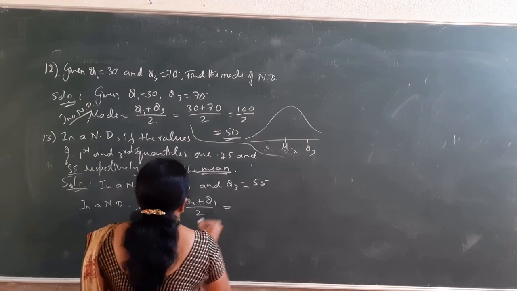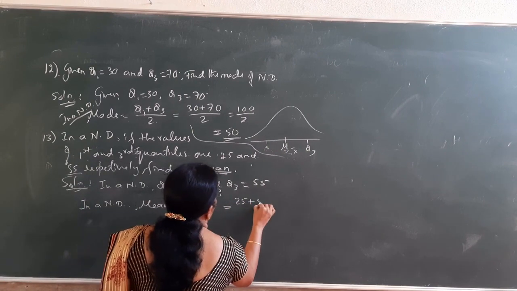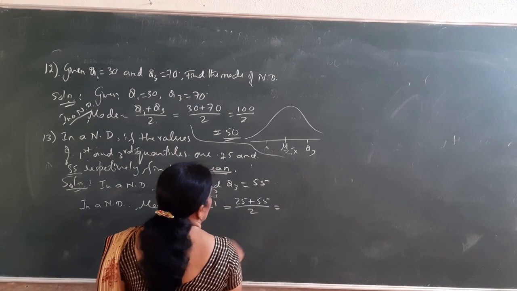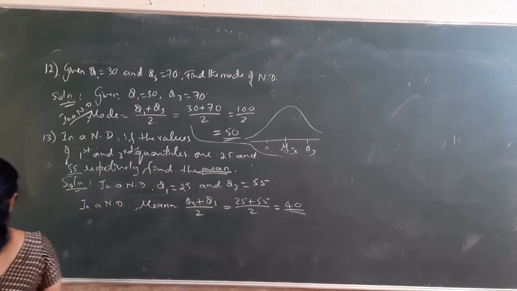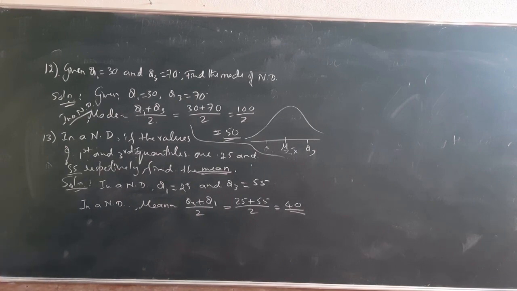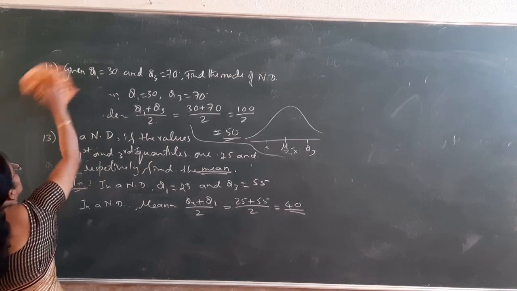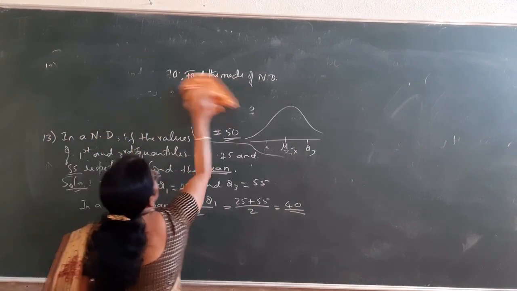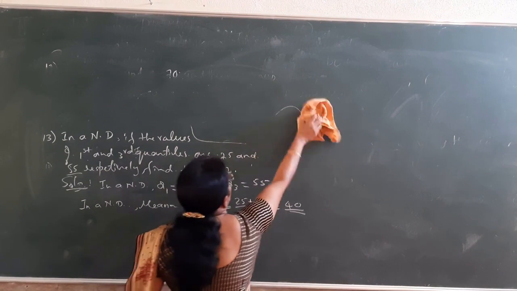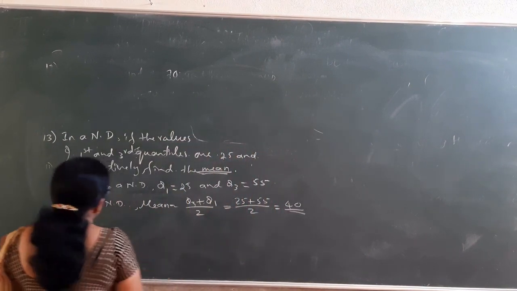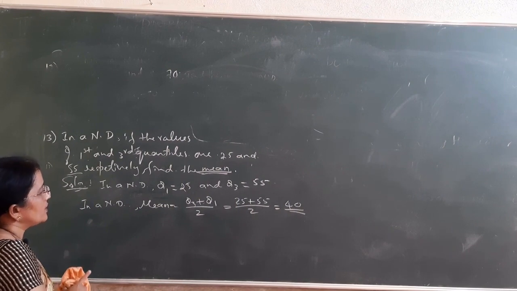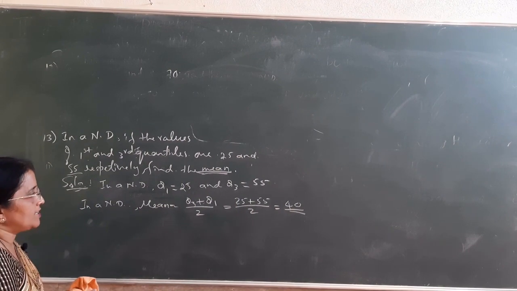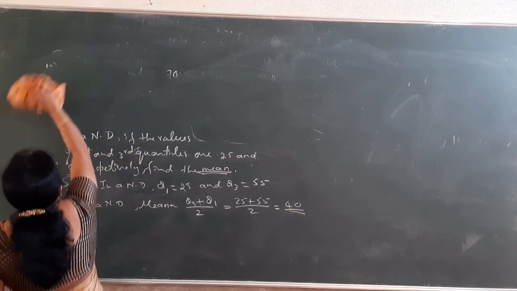Which gives mean equal to 25 plus 55 divided by 2, that is 80 divided by 2, which is equal to 40. So we solved problems on finding mean and mode. Similarly, median also we can calculate with the help of the same formula.